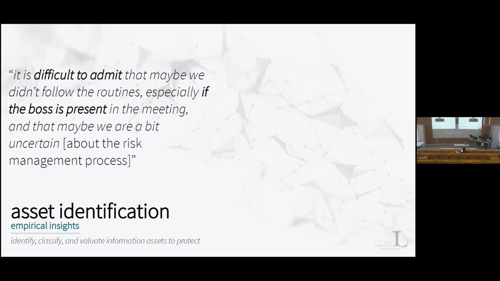So what is this quote about then? Well, when I was looking at asset identification, I saw two different cases, two different organizations that seem to have difficulties separating the activity of asset identification from aspects of risk that usually come in risk analysis.